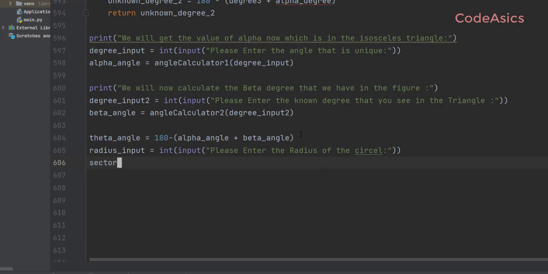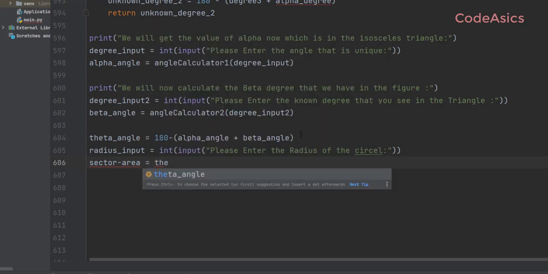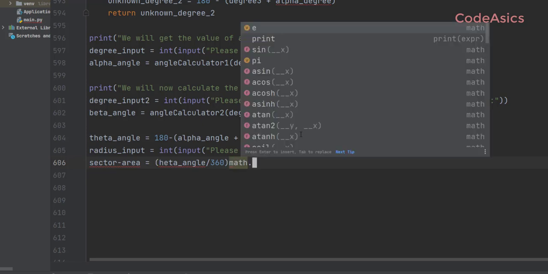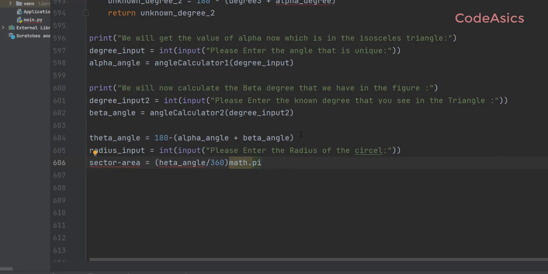I'm going to calculate the sector area is equal to theta angle that we have got divided by 360, placed within parentheses, and then pi r squared. For that we have already imported the math module, right?